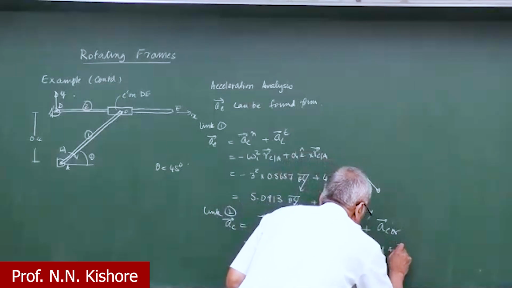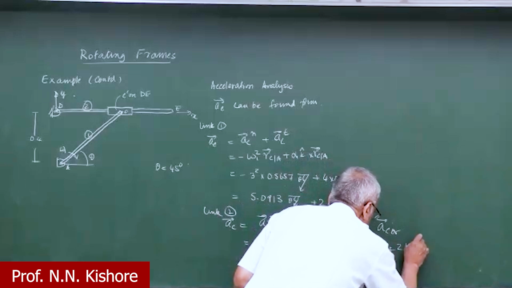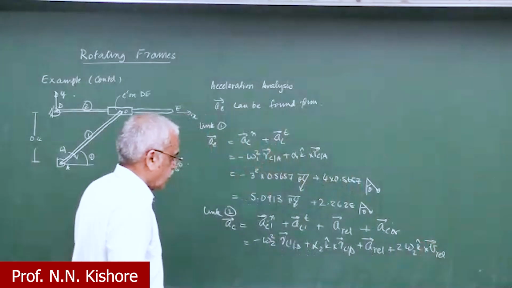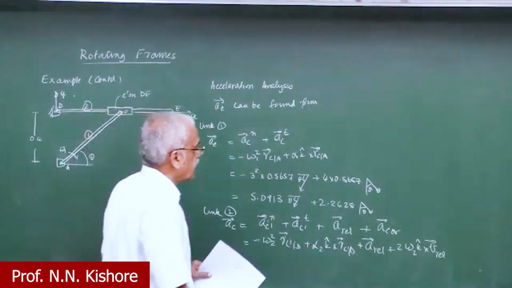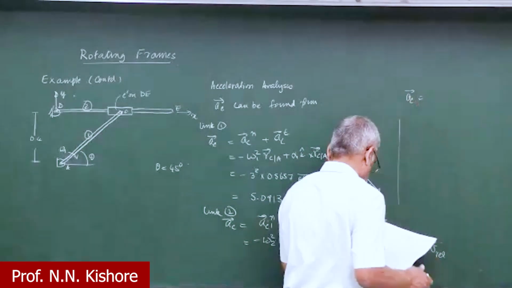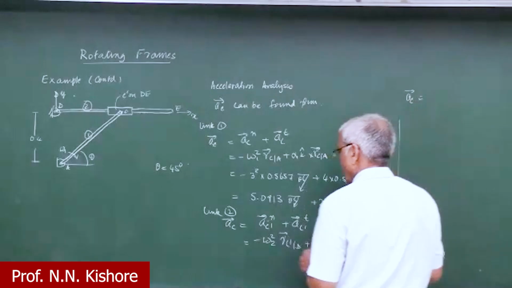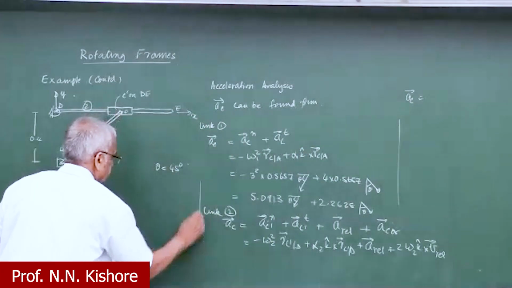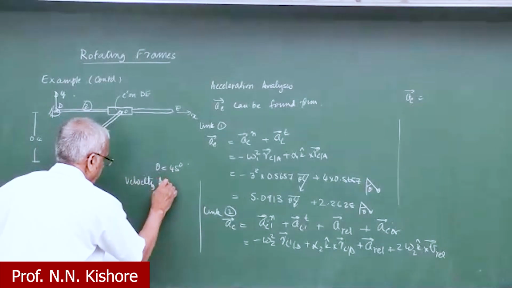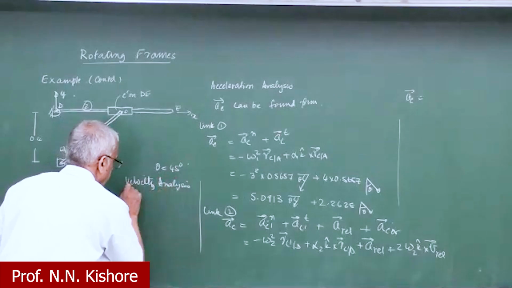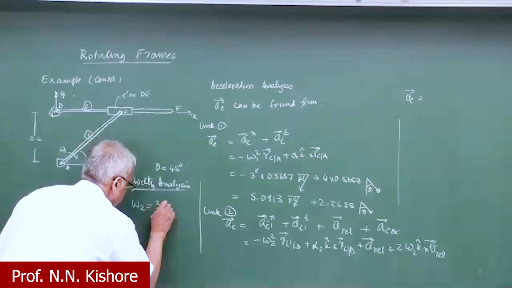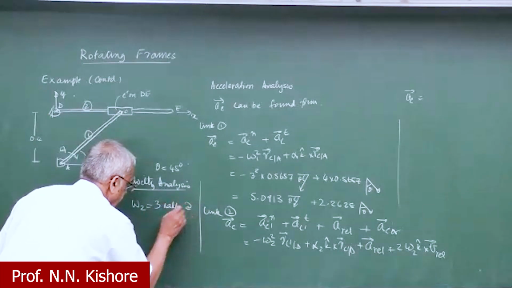Simplifying, omega 2, we did the analysis. The velocity analysis gave omega 2 as 3 radians per second. VREL was, so this is much more comfortable, writing down the directions and writing down the magnitudes.